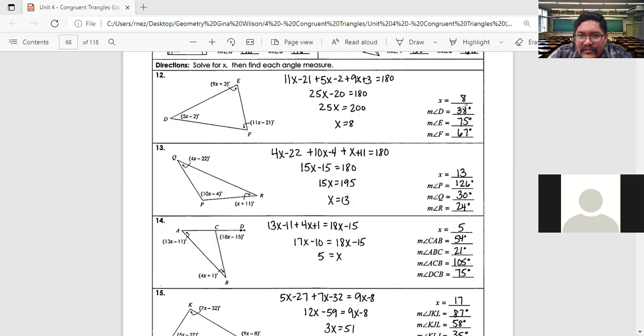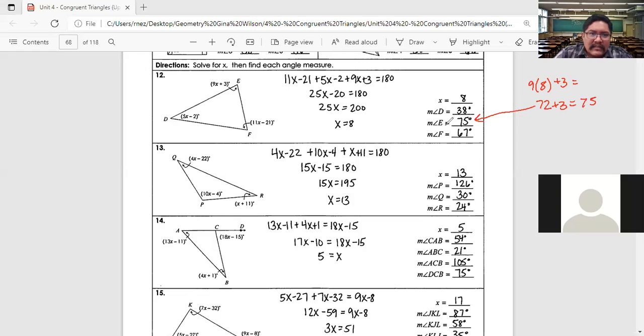If we're looking for the measure of each angle, how do we get those? We know them here, but what we would do is take 8 and drop it in for each of these. So 9x, but we know that x is 8 now, plus 3. Then work this out. That'd be 72 plus 3, and that would be 75. That's how we get this number right here.